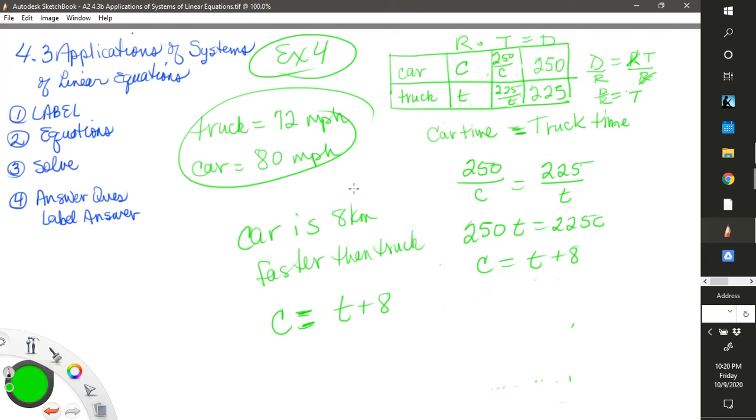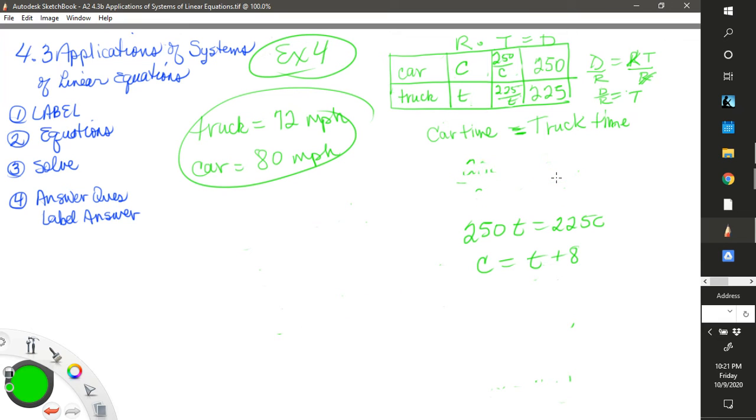Now, in this dynamic, I have two equations. Let me erase what I don't need so that you guys can focus on the problem. I can do a substitution right here for C, right there, and get 250 T equals 225 C, and C equals T plus 8.